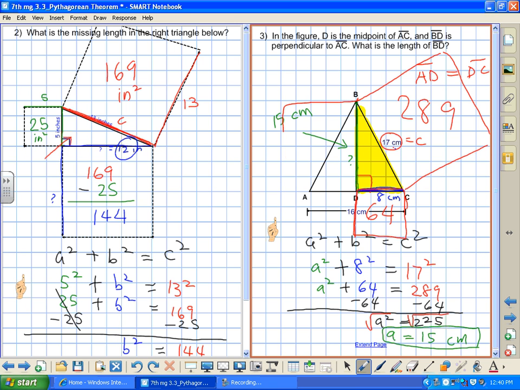Then it's a matter of figuring out what this length times that length, what that square is. If this is 289 and this is 64, you know that this squared plus that squared has to give me 289, which tells you that you have to subtract. You end up with 225 here. The square root of 225 is obviously 15. So my answer is 15.